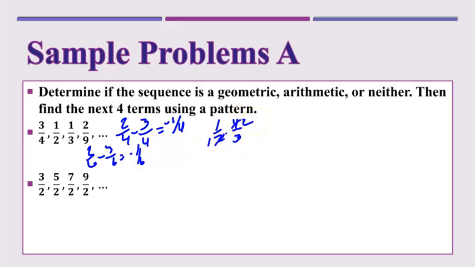So if I multiply everything by 2/3, 3/4 times 2/3 is 6/12, and 6/12 is half. Half times 2/3 is 2/6, which is 1/3. 1/3 times 2/3 is 2/9. So this is geometric.